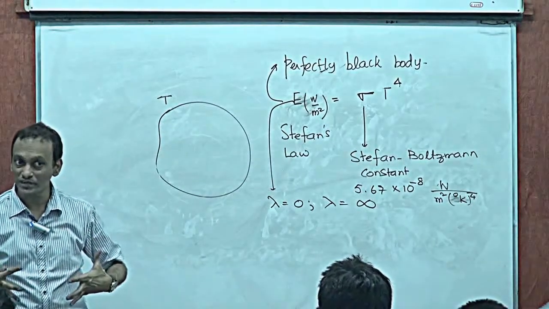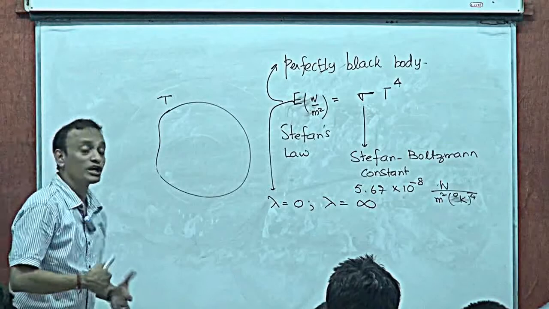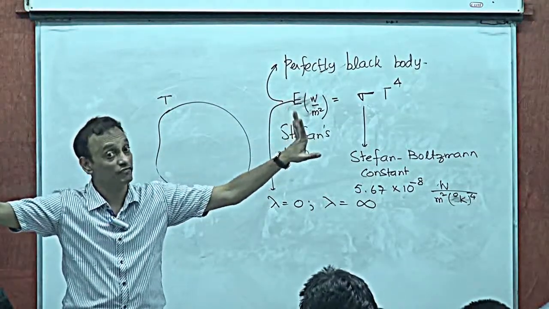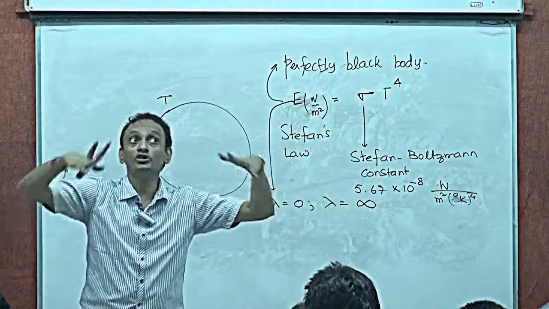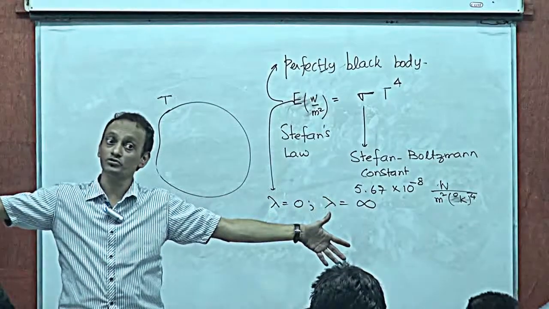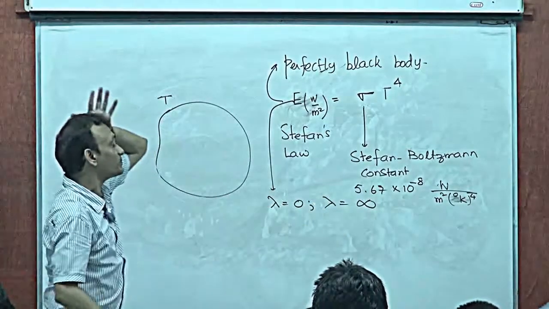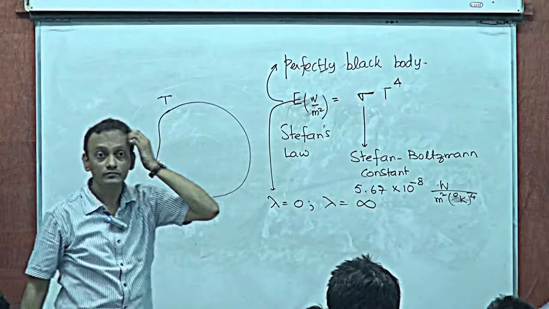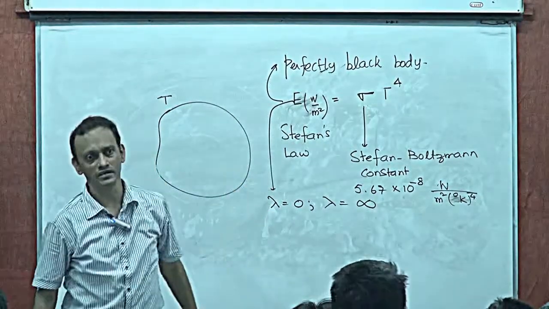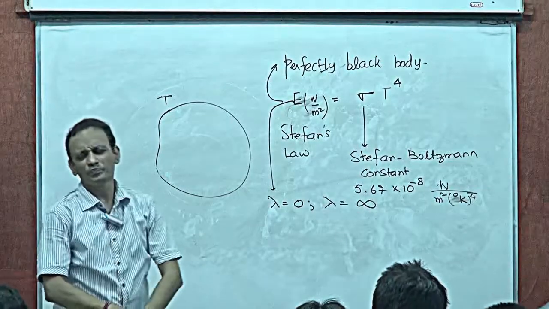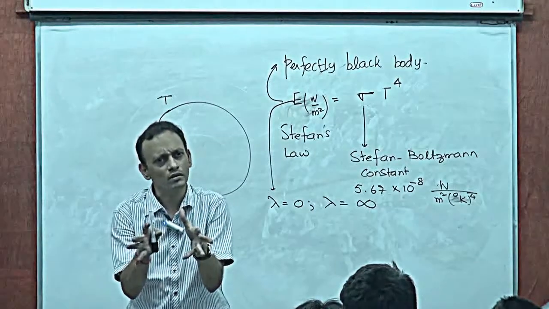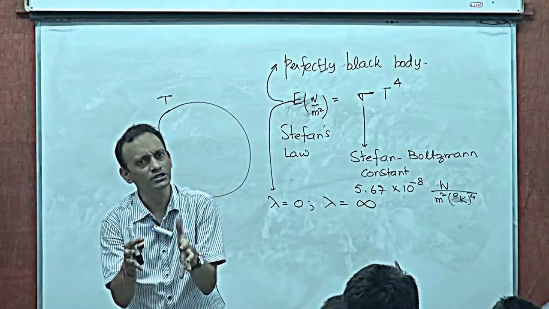So there is a thermal spectrum starting from lambda equal to 0 to lambda equal to infinity. All possible wavelengths are there. Yes, some of them are in the visible range, roughly close to 0.4 to 0.7 microns.